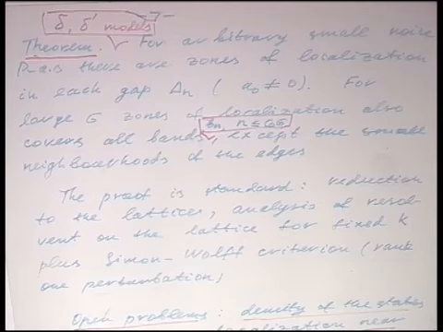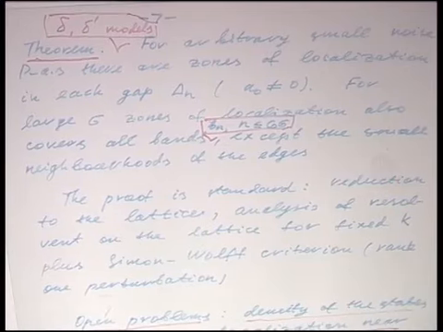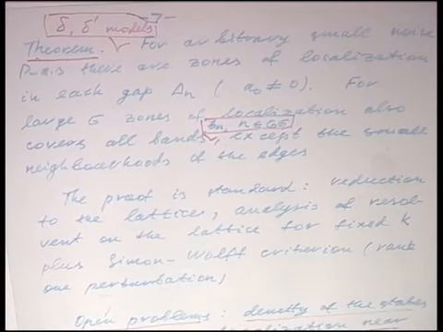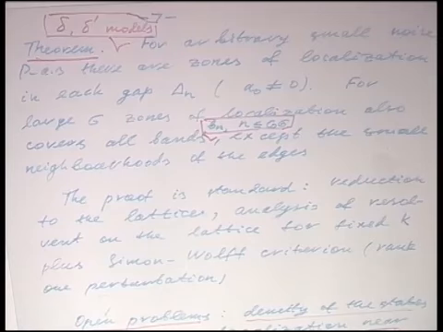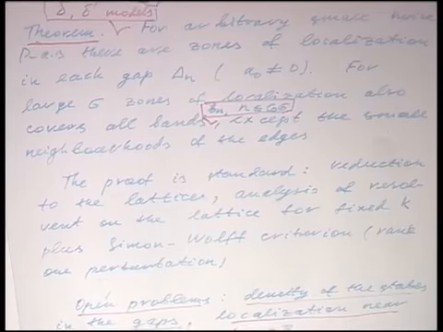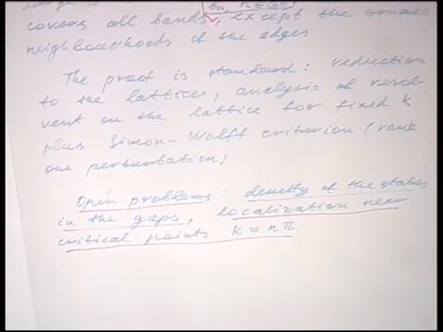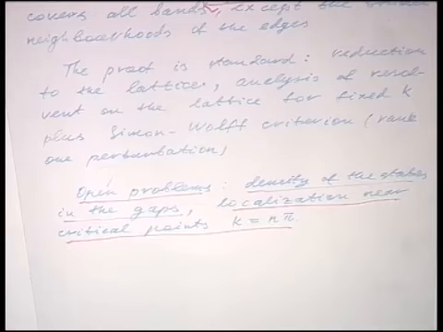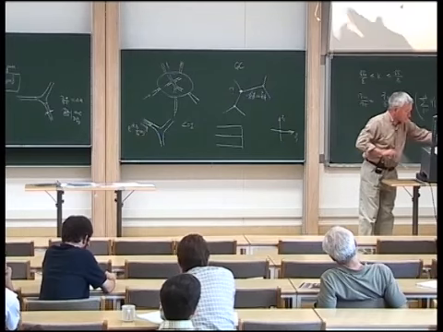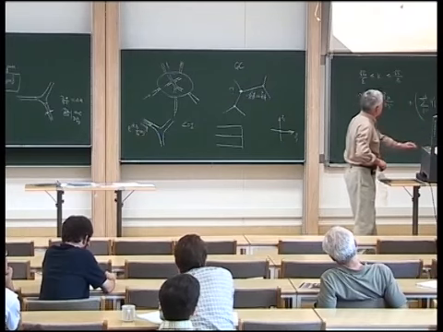Let us look one more time at this fundamental formula by Exner. Where is this formula by Exner? It's somewhere here, probably. Yes, this. Let us look at this formula one more time.